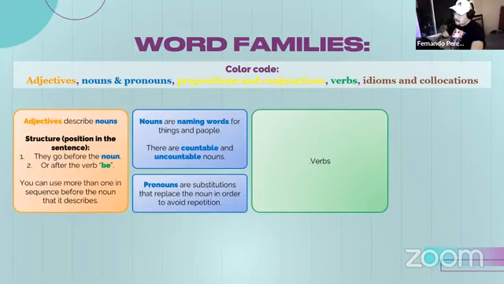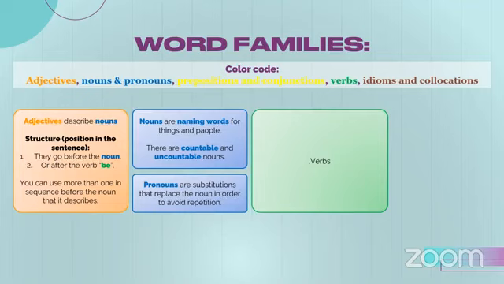Verbs. This is a very interesting square because we catalog verbs as what is the first thing you think about when I tell you, hey, what is a verb? Maybe a word that describes an action. Action. Precisely. And you know what?